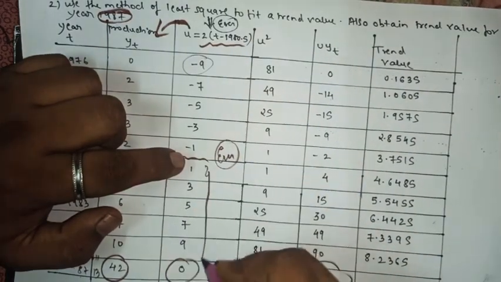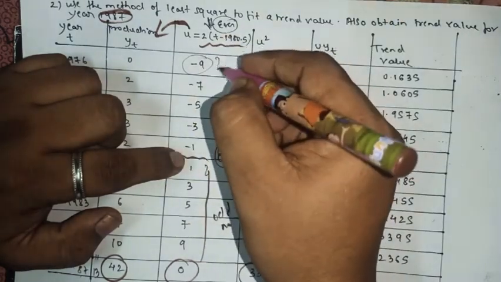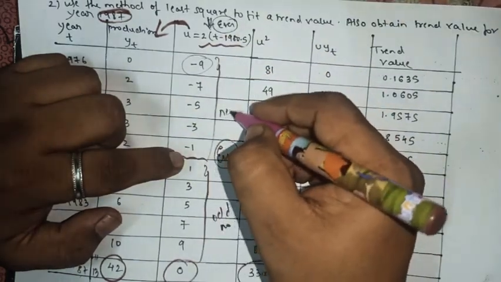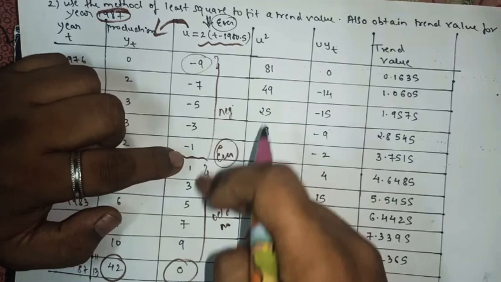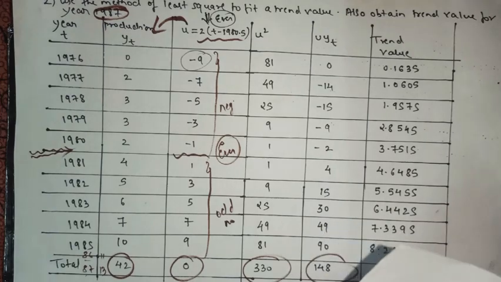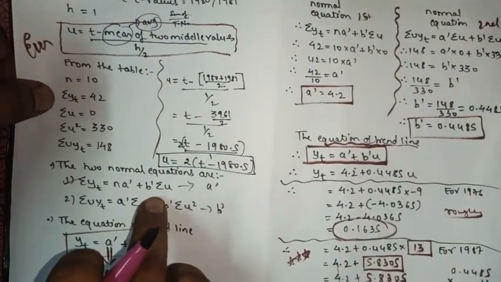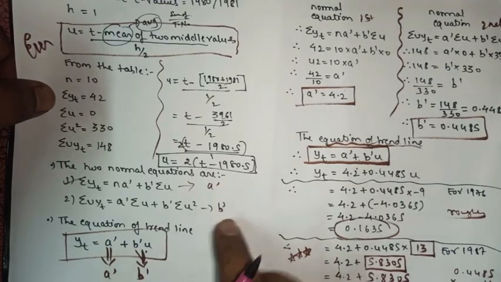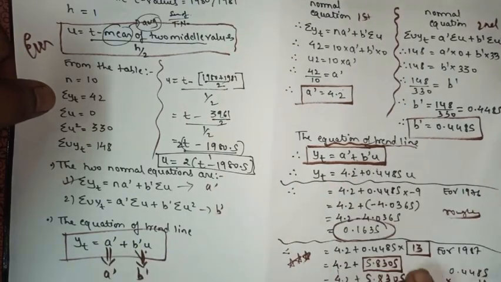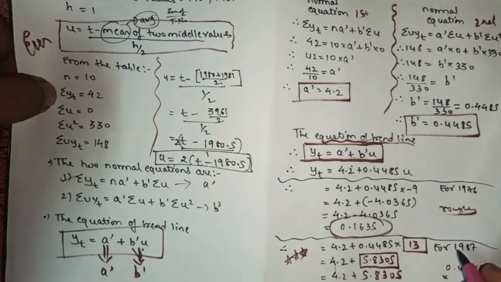So here this whole section will be what, odd numbers, and then this will be what, negative numbers of this. Remember this. Okay, and the rest after that you will apply the formula of two normal equations to get the value of a dash and b dash, then the trend line, substitute the value of u to get the actual answer.